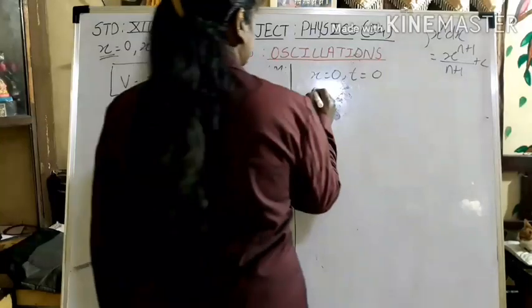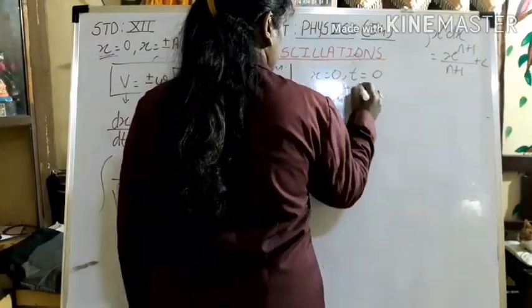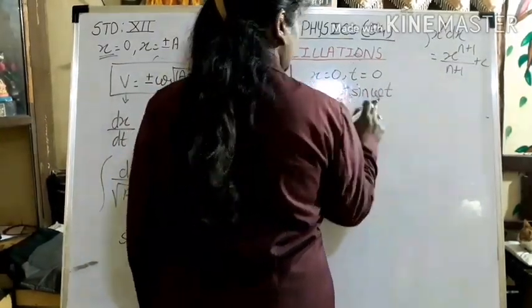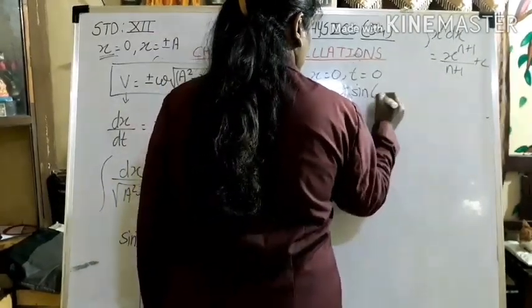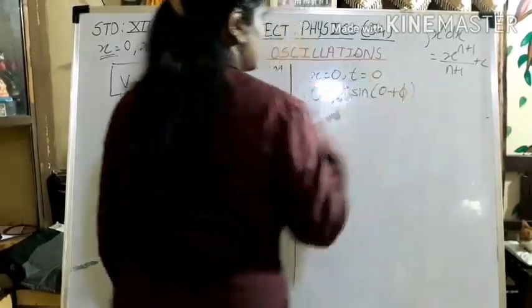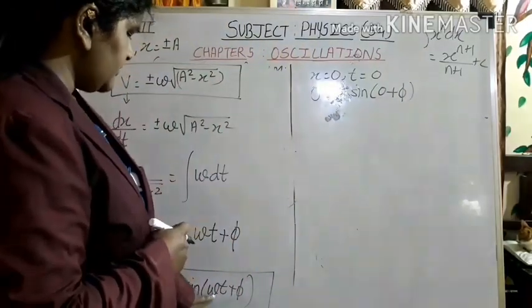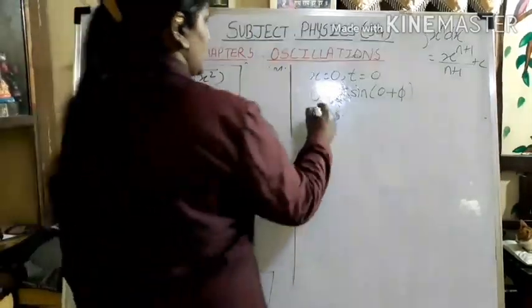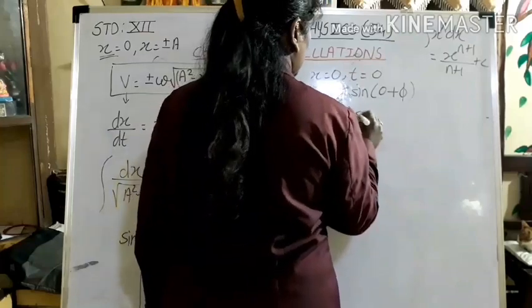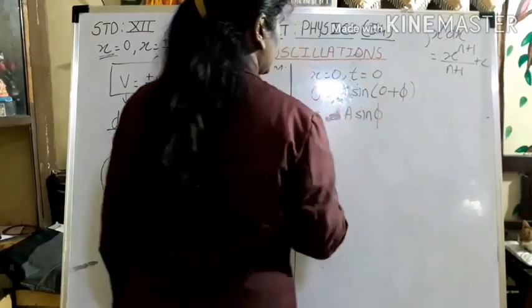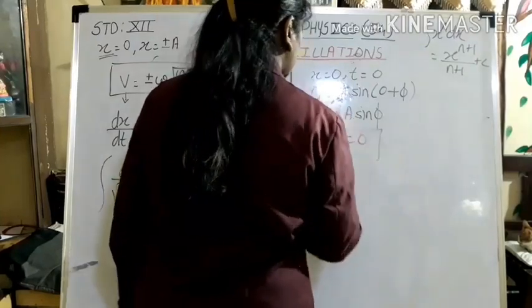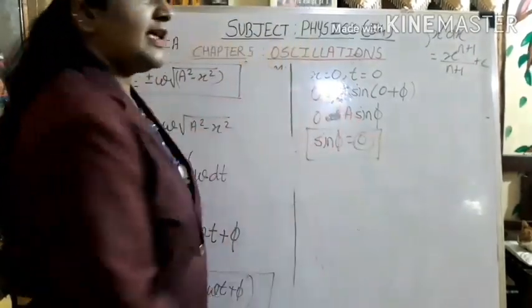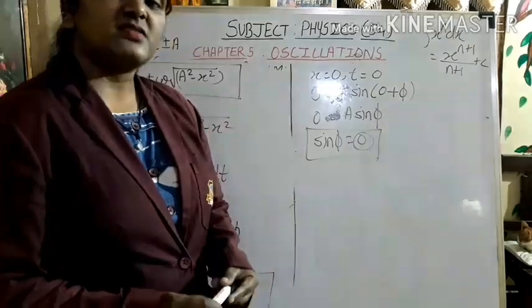So I am getting 0 is equal to a sine omega t, where t is 0. Am I right? See over here? Yes. So I am getting 0 is equal to a sine phi. So sine phi is equal to 0. Sine 0 is 0 always.